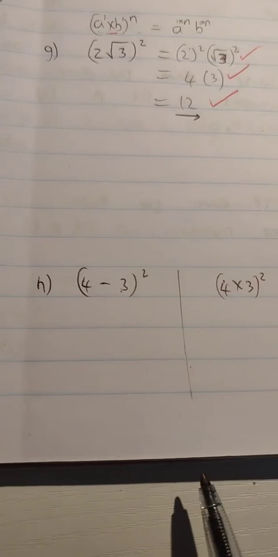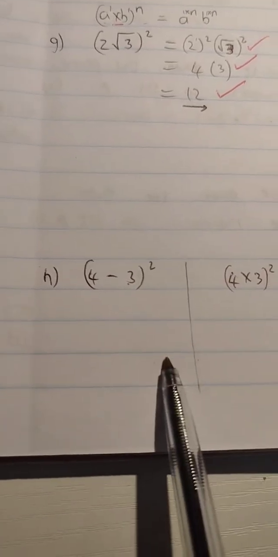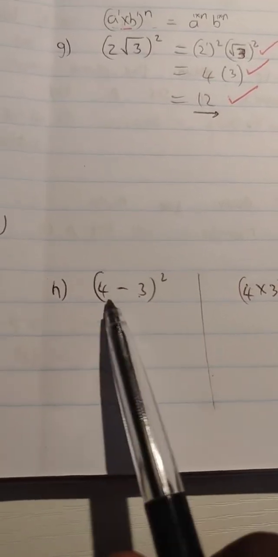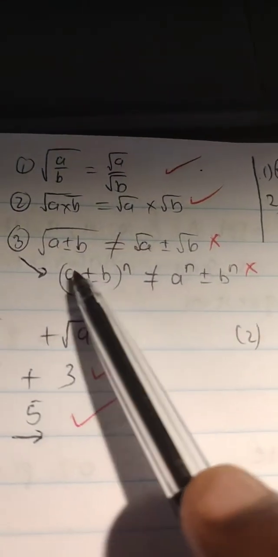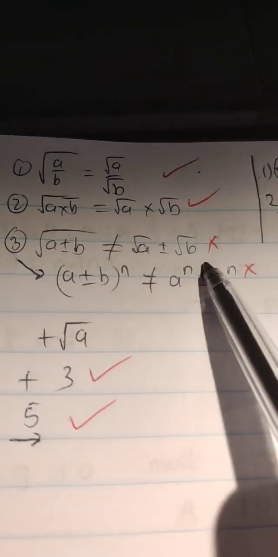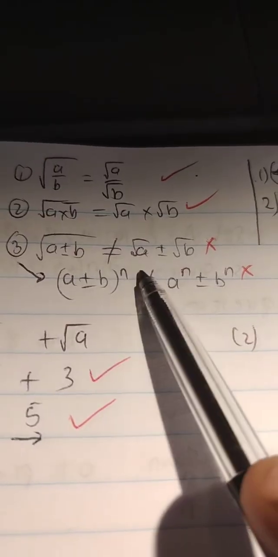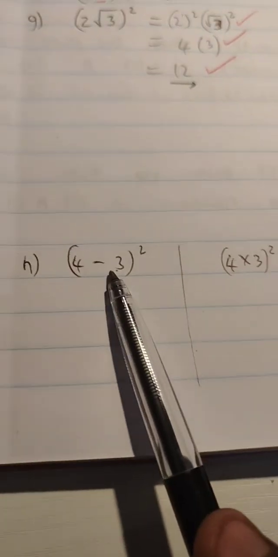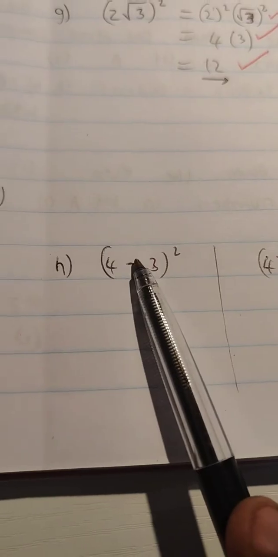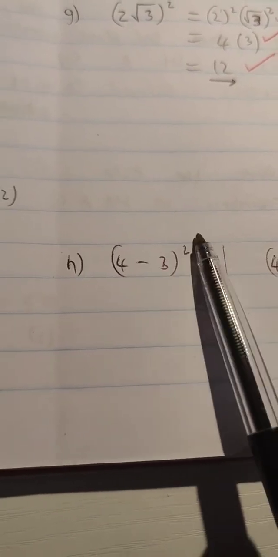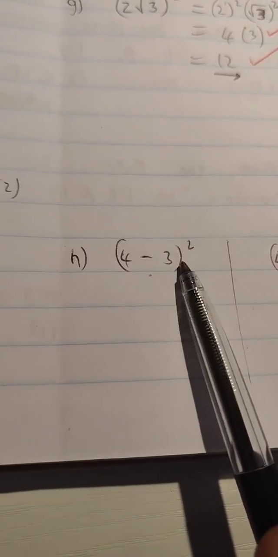We are here now. (4 minus 3) squared. Do you remember what we said here? Can we split the base and multiply the exponent to each base's exponent? Can we split it when there's a minus? This is 4 minus 3, the whole thing. Can we split this?